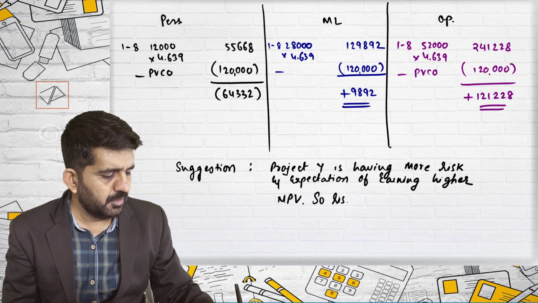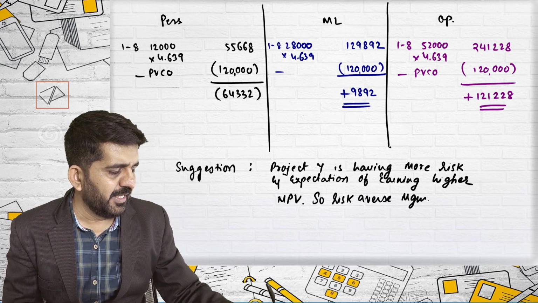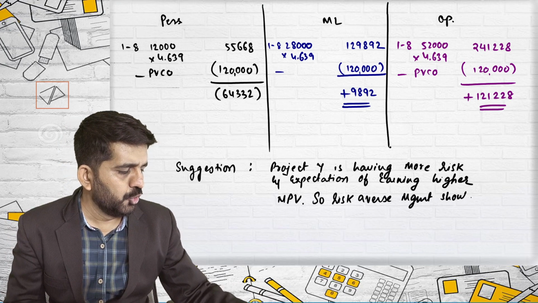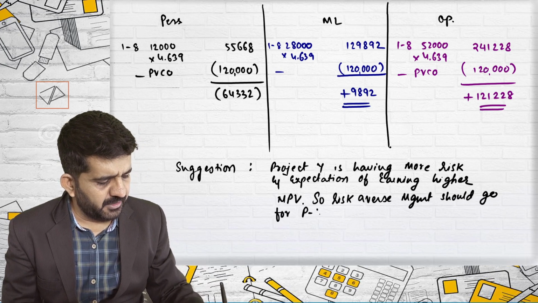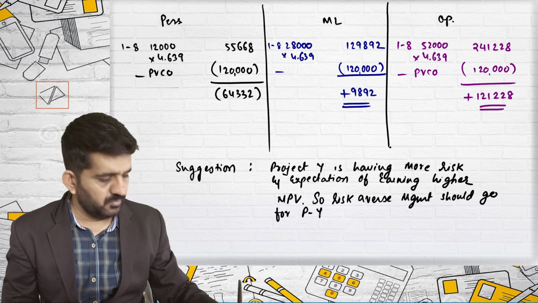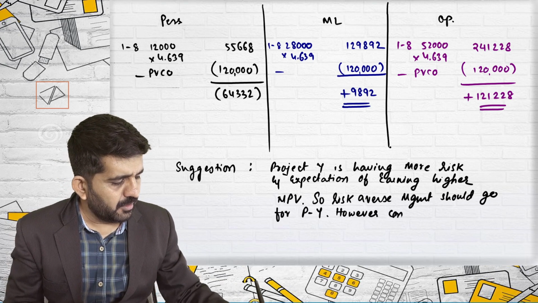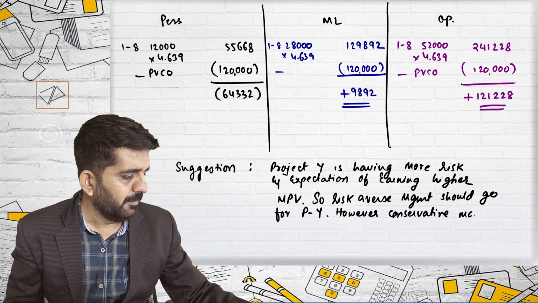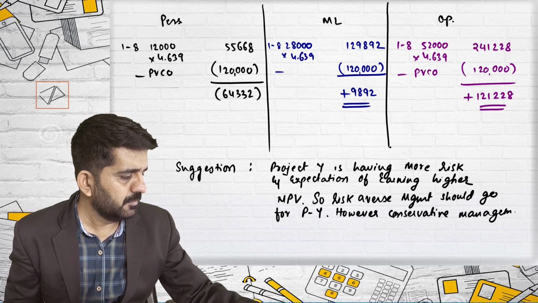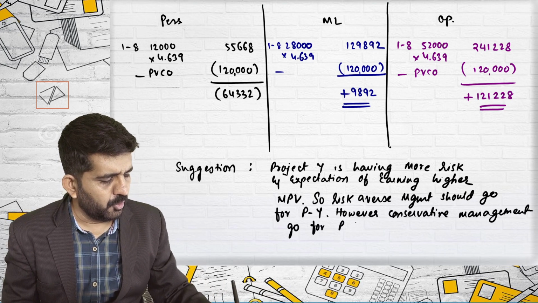So, risk-taking management should go for project Y. However, conservative management should go for project X.